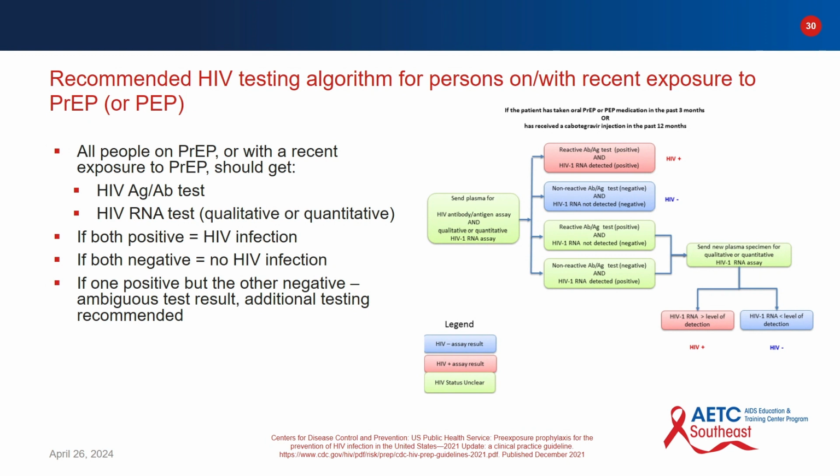And what they say is that if both are positive, then you can confirm HIV infection. If both of these results are negative, then there's no HIV infection. And if one is positive but the other is negative, then this is considered an ambiguous test result, so additional testing is recommended.